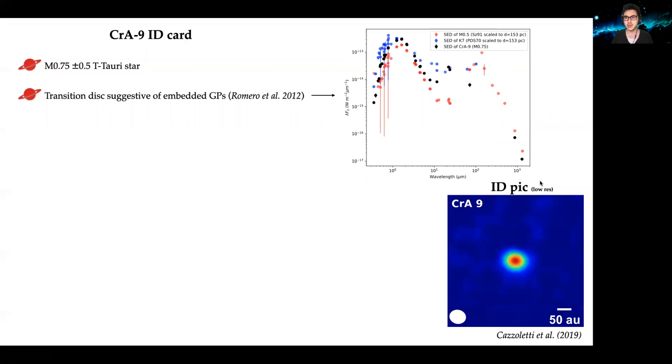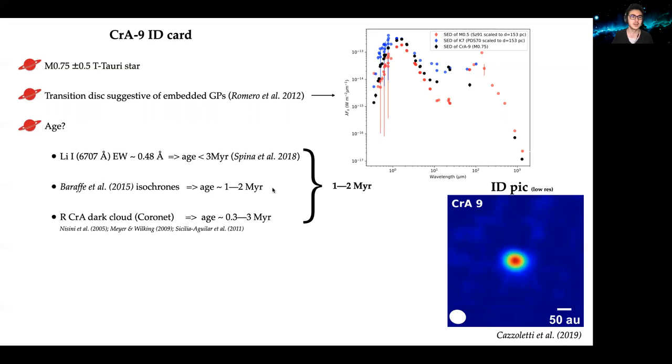So far, there's only a low-resolution image available for the disk, which has been obtained with ALMA at sub-millimeter continuum wavelengths. Another interesting feature of this system is its very young age. There are several age indicators we can use, and they all point towards an age between 1 and 2 million years.